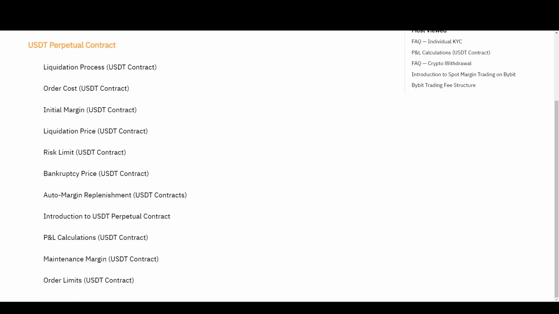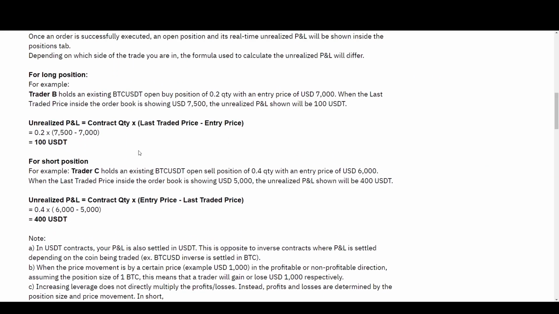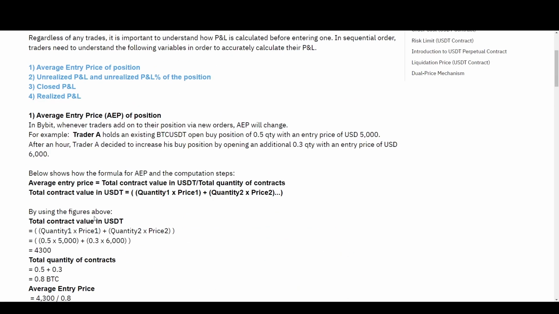So for the P&L calculations, 0.4 times... Well, I'm not there yet.